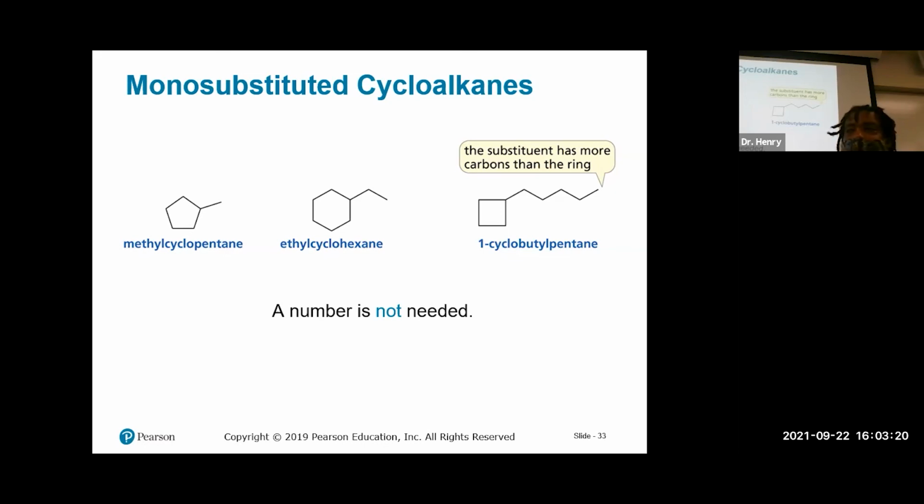Nope, it has nothing to do with alphabetical. Yes, the cyclohexane has 6 carbons, where the ethyl has 2 carbons. So this would be my longest chain. So it gets the back. Does that make sense? It's like a trick question, huh? So that you may see on the exam, huh?